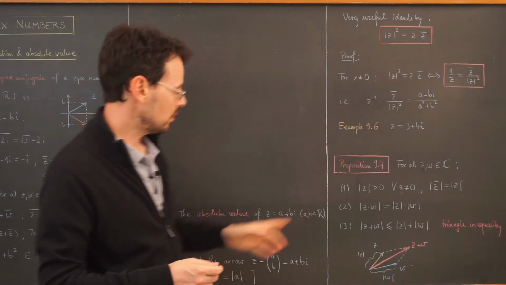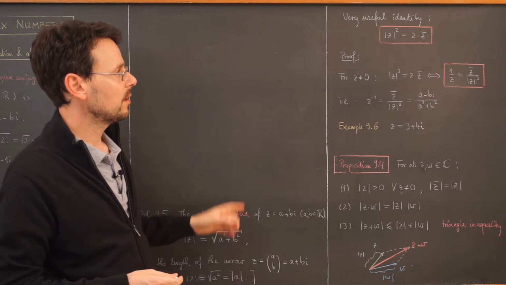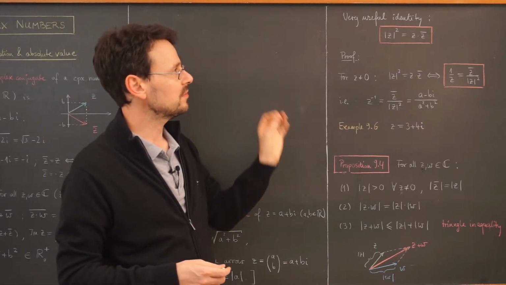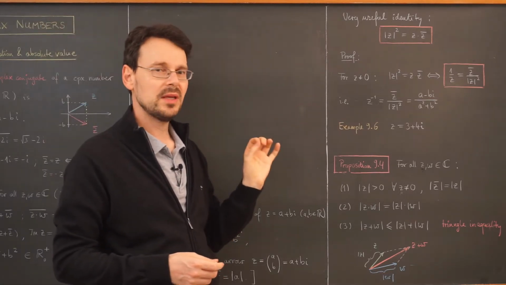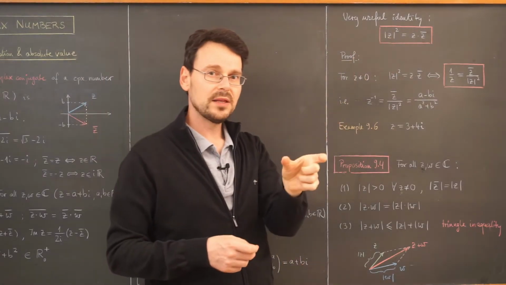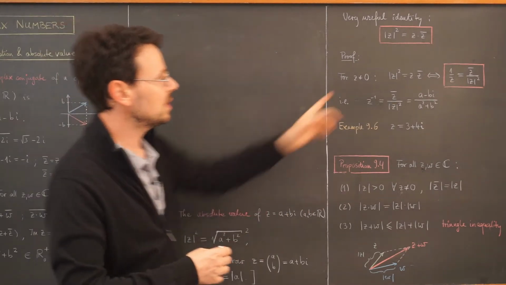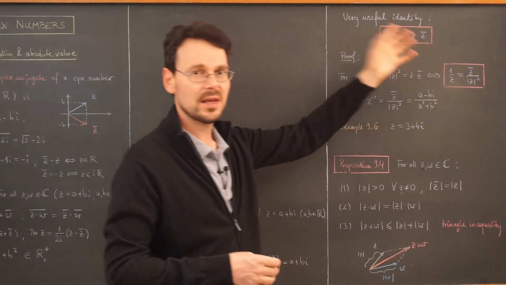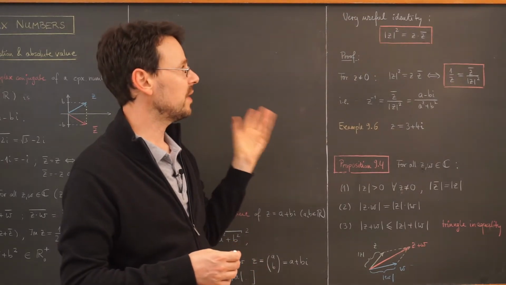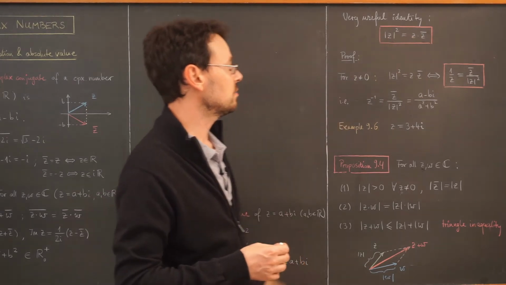So here we have an almost trivial consequence of this definition, but the importance of this little formula cannot be overstated. So this turns the absolute value, which is a square root of some sum, into a product. And this is proof-wise often very useful and very handy if I can transform this into this product.